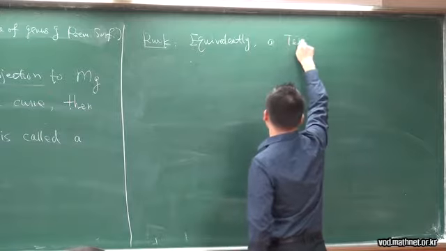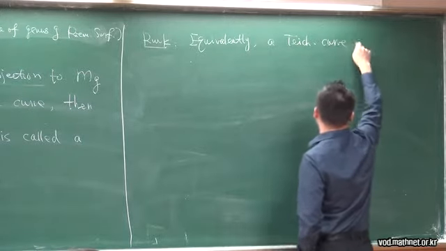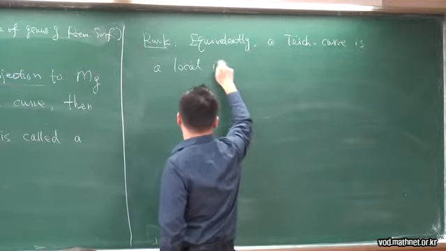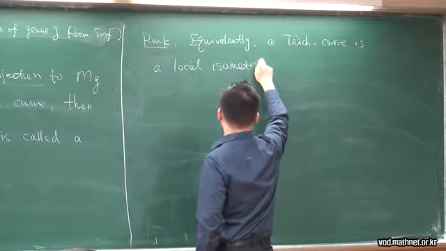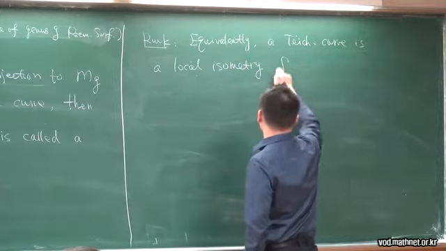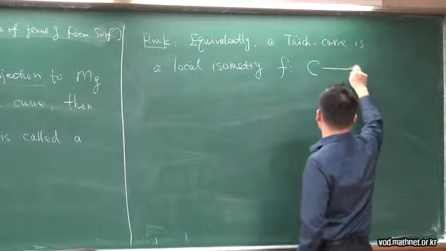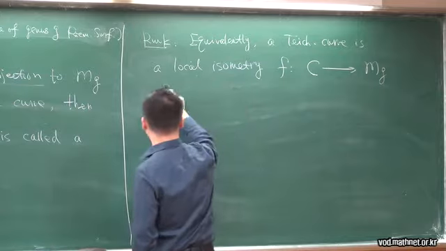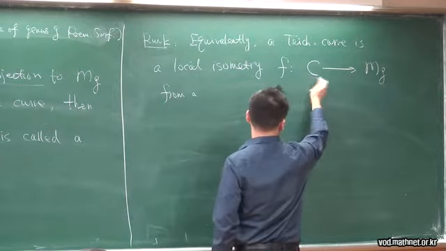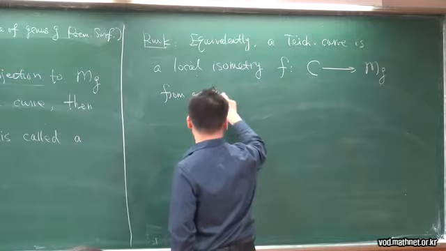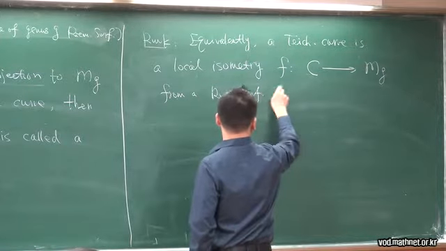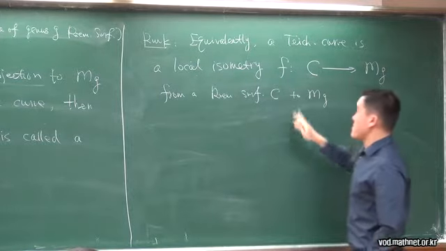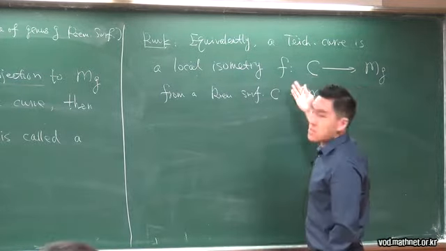Another equivalent definition: a Teichmueller curve is a local isometry from a Riemann surface C to the moduli space MG. When I say local isometry, I have to explain what the metrics are on each side.